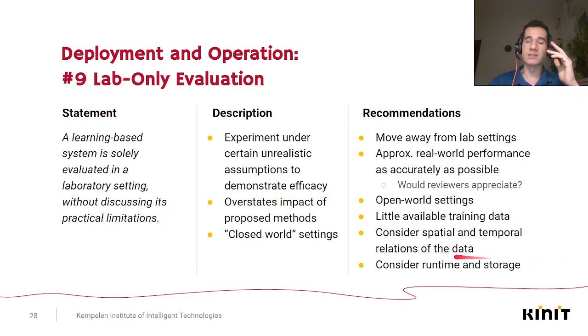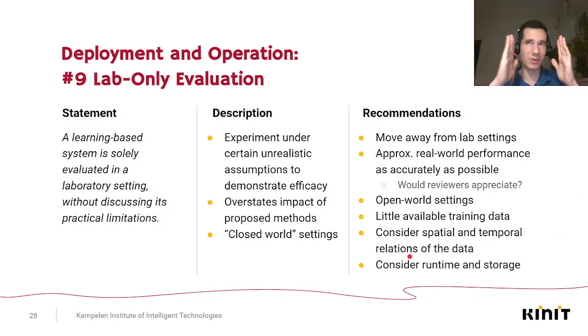We should consider the spatial and temporal relations of the data. So temporal dependencies, as we talked about, and the spatial dependencies, which basically discuss the class ratios between reality and our laboratory environments. Our goal is to achieve as realistic spatial relations as possible, so the ratio of classes in reality and in our data, and temporal relations should be respected.